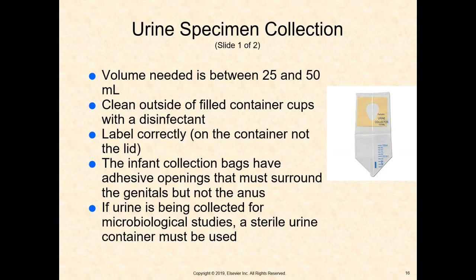Preferably if you're an MA one day and you're having to draw blood from a baby, and the doctor orders a blood draw and a urine sample, put this on the baby before you draw the blood, because I guarantee you they will go while you're drawing their blood and they're screaming their head off. Works well. If the urine's being collected for microbiology studies called a culture, we have to use a sterile urine container because we don't want any bacteria from the environment contaminating that.